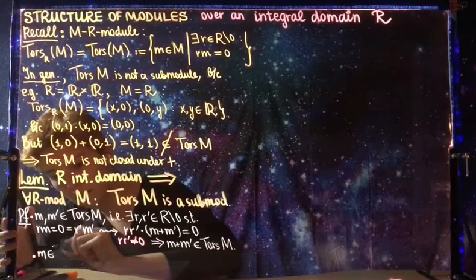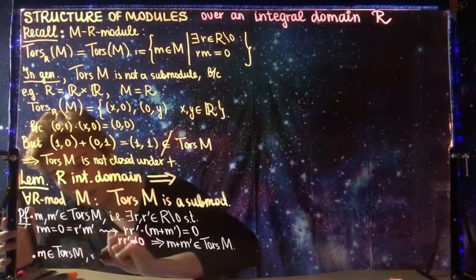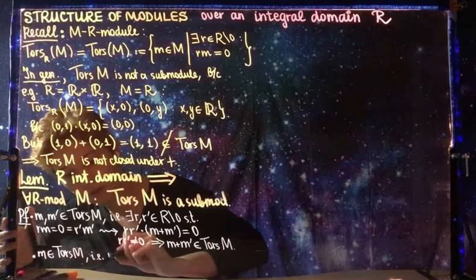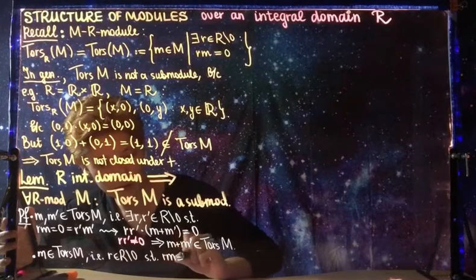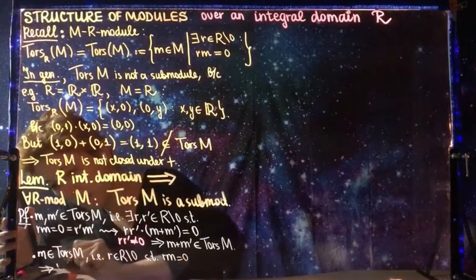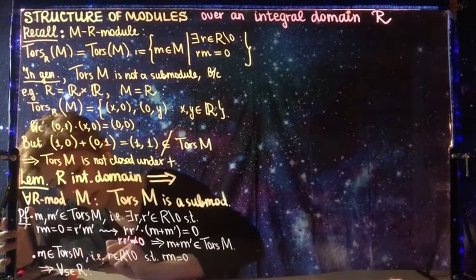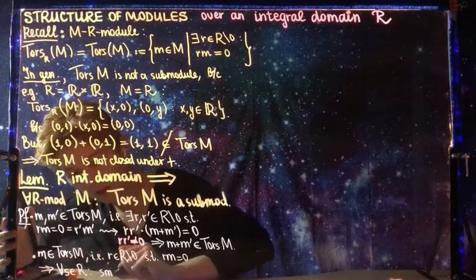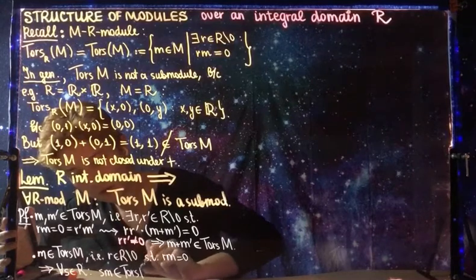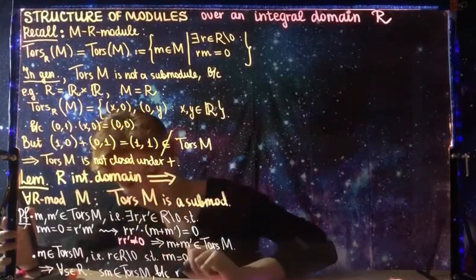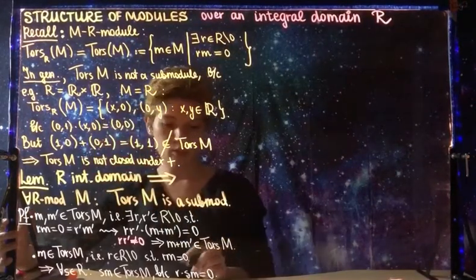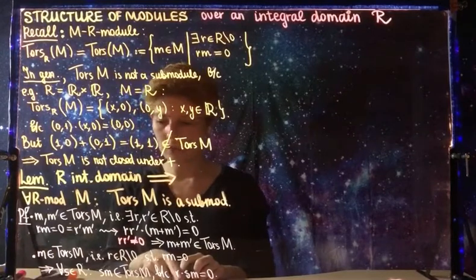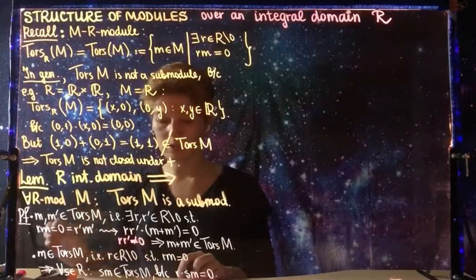If m is in Tors M, so we have a non-zero r such that rm is 0, then for any scalar s in R, sm is torsion, because r times sm is equal to 0. And here we use associativity of the module structure and that the ring R is commutative.